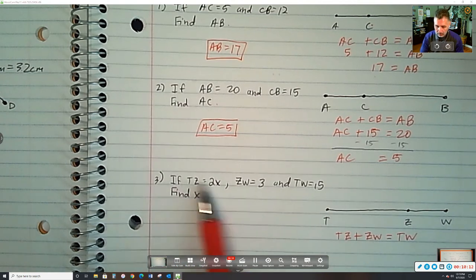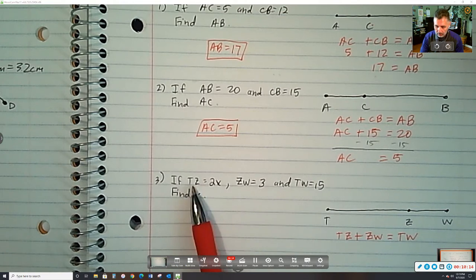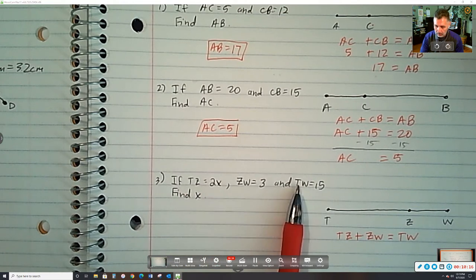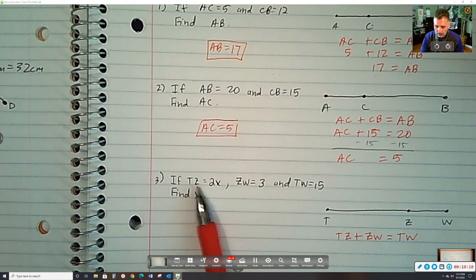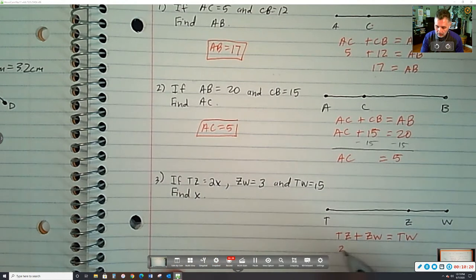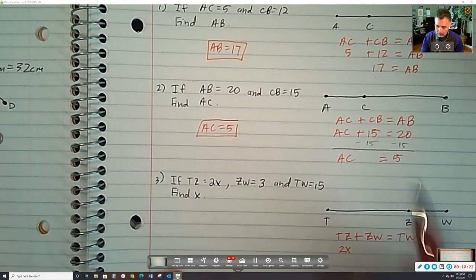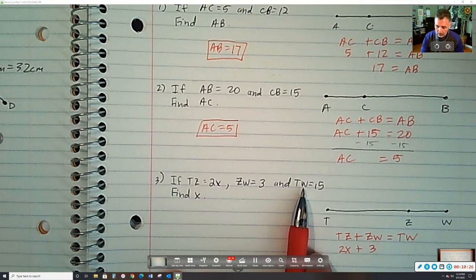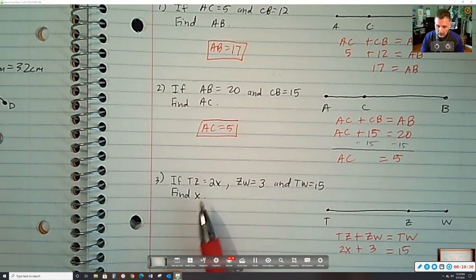And those are the pieces that I have in here. TZ, ZW, and TW. So TZ is 2x, ZW is 3, and then TW is 15. Find x.